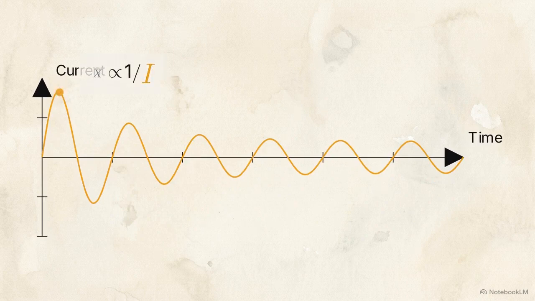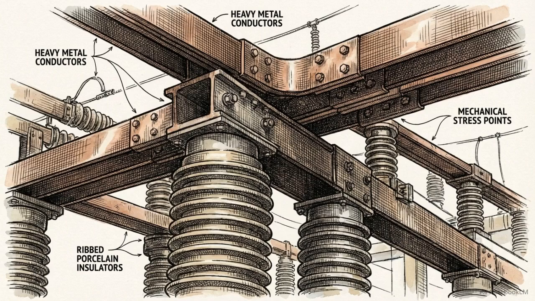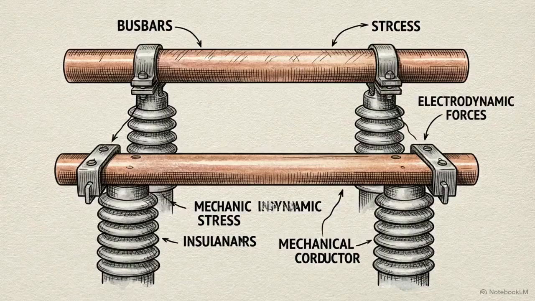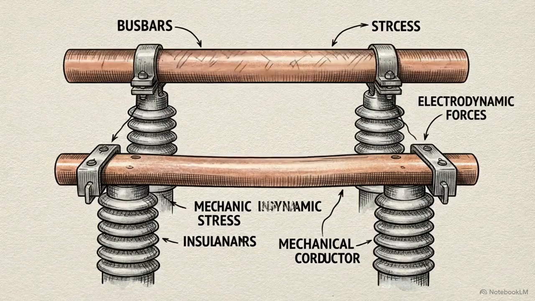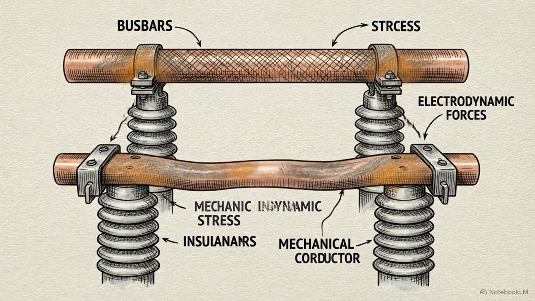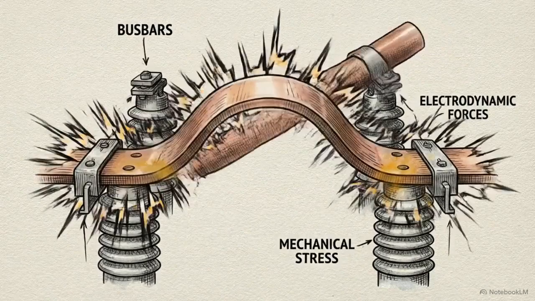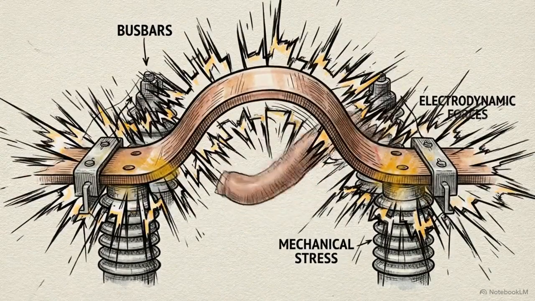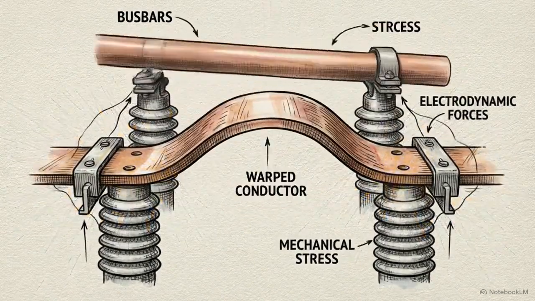Reactance is inversely proportional to current. This low reactance value allows the absolute highest peak of fault current to flow out into the grid. This massive current peak generates extreme electrodynamic forces across the network. The magnetic field surrounding the conductors becomes so intense that rigid substation busbars can violently shudder, warp, or even rip themselves from their mounts.